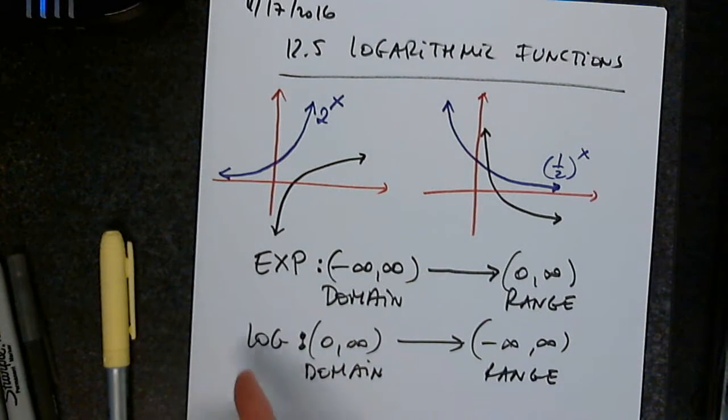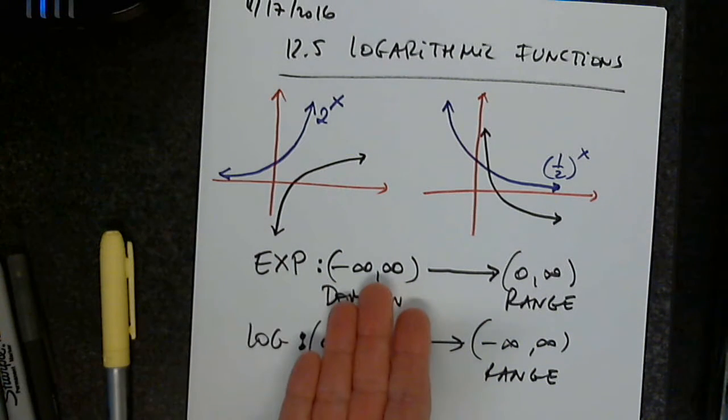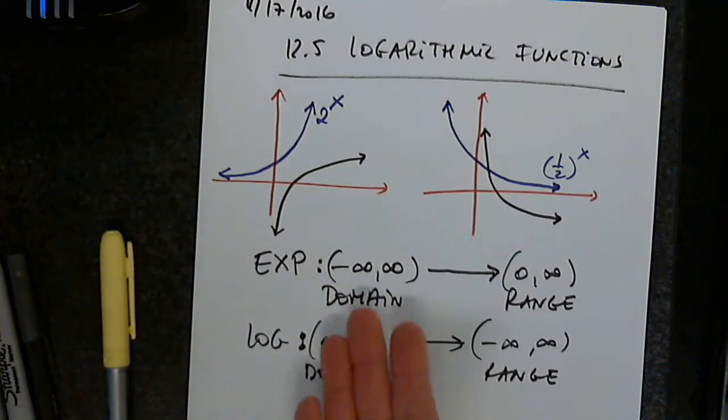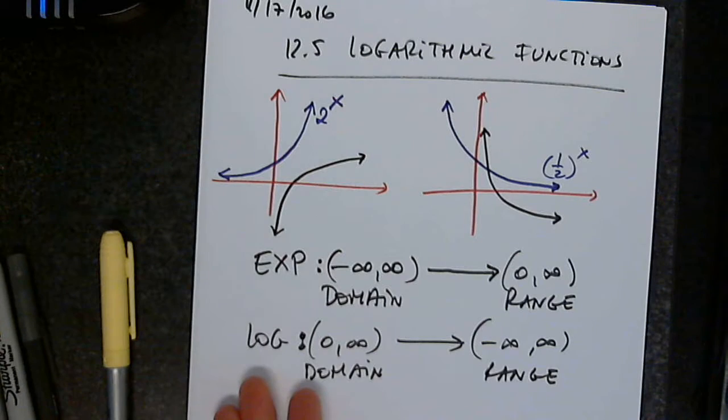Looking at the domain of this function, I will say right away that log is not a friendly function. Why do you think I say that? I claim that the exponential is friendly. No headache. It will never give me any problems. But log gives me problems, like the square root. The square root is not defined everywhere. The cube root is nice and fine, because it's defined everywhere.